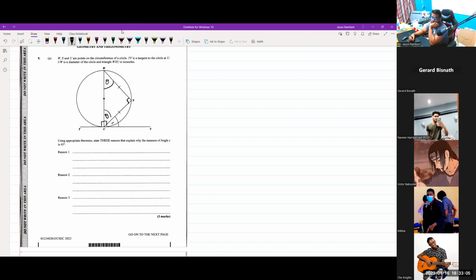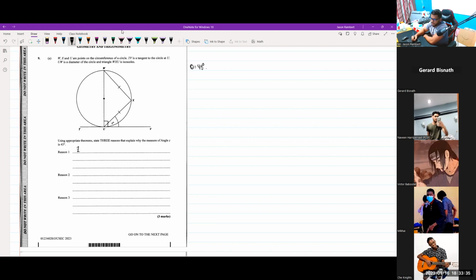Well, we're talking about angle Z. So we calculate theta, we get theta to be 45 degrees. That is not a reason. We calculate theta. I'll agree with that. Good. We know that's a right angle here because the tangent meets the radius at the point of contact at 90 degrees.